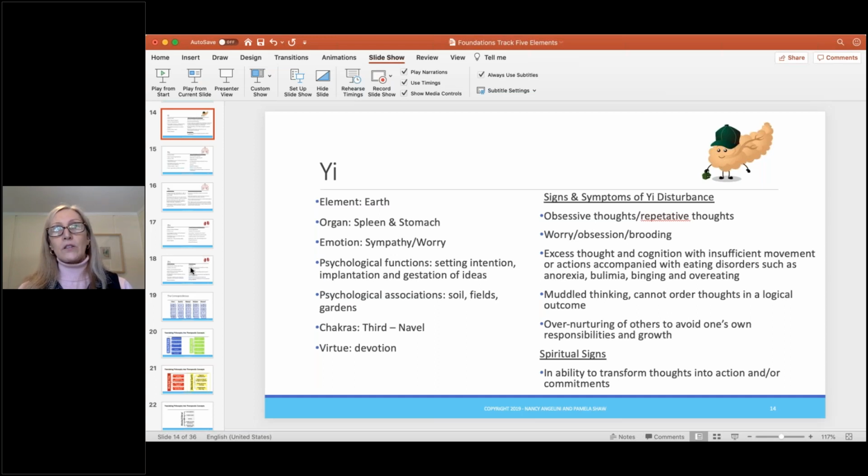Codependency in early childhood and exposure to alcoholism and family dysfunction can create imbalances. Of course, improper eating habits, anemia and vitamin deficiency can send you into a yi imbalance. And that can happen in utero too. So if the mother isn't eating correctly or eating really nourishing food, the child could be born with a yi disturbance.